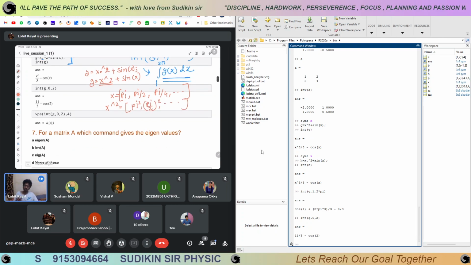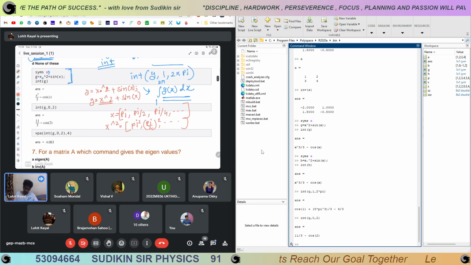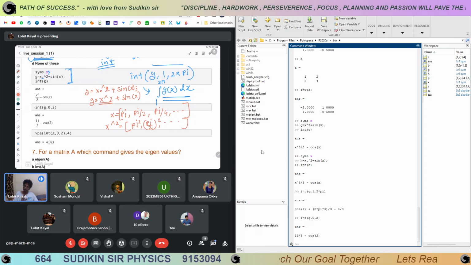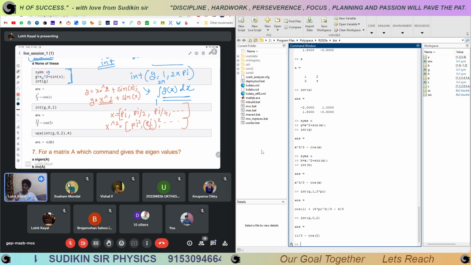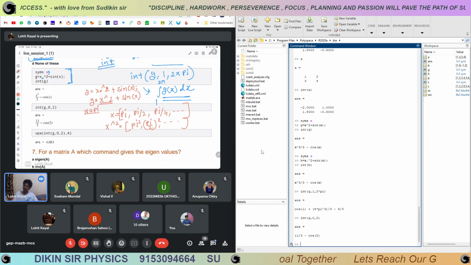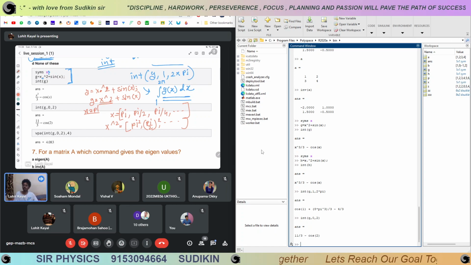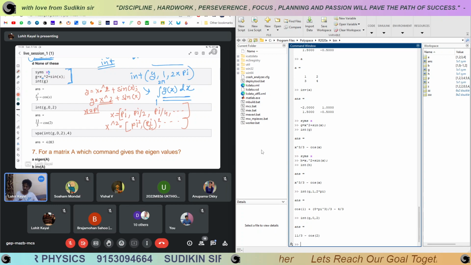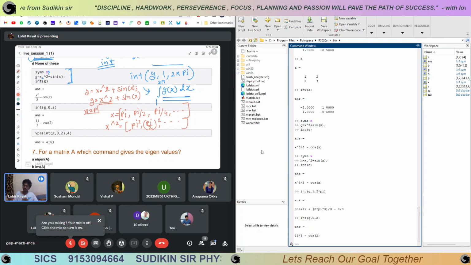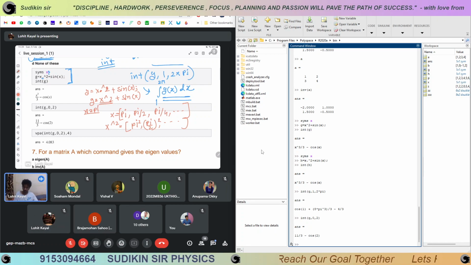If you want to specify to MATLAB that each component will be squared, you have to write a dot like this. If you don't write the dot, and x is a scalar or a single value, suppose x equal to pi, then it will work fine, there will be no problem. But if x has multiple values, suppose pi by 2, pi by 4 and so on, then MATLAB will give you an error if you don't put a dot there. Okay, so just keep it in mind.